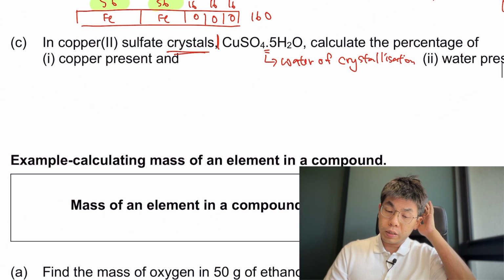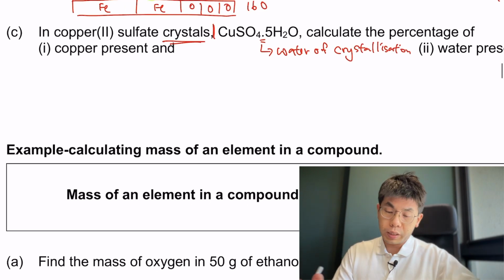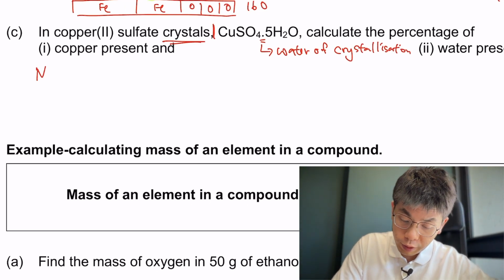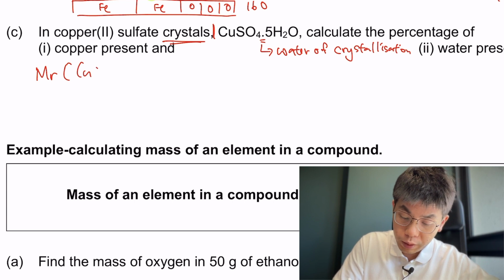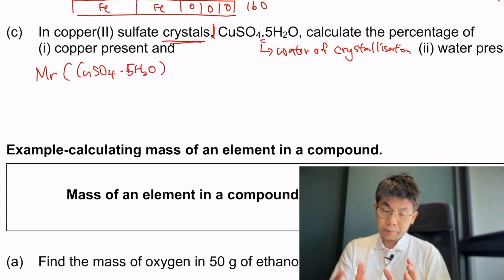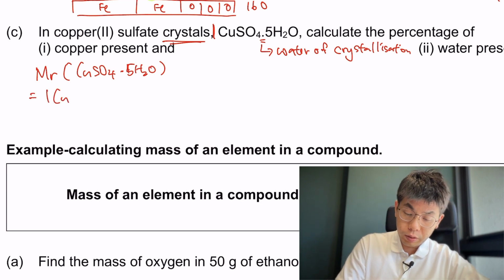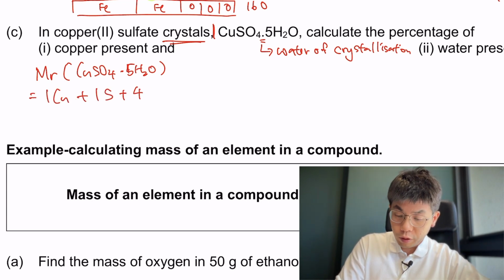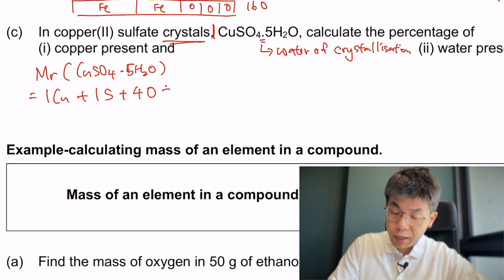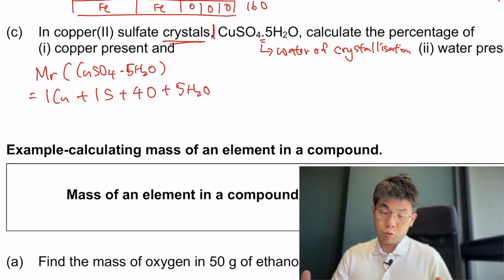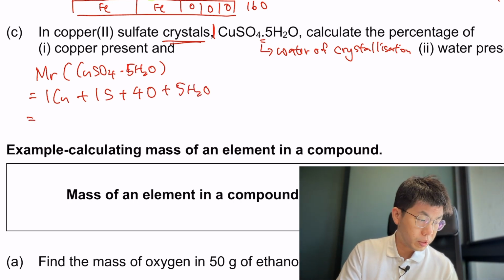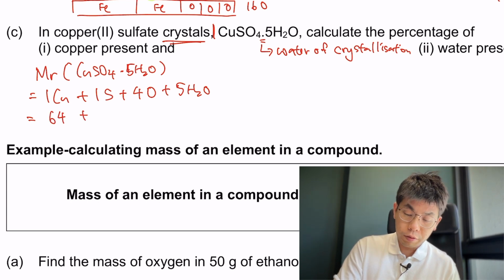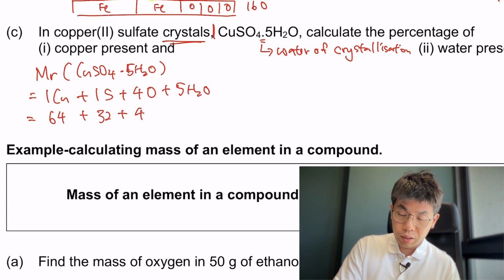So we need to calculate the percentage of copper present in the whole thing. So we need to find the MR of copper sulfate, CuSO4.5H2O, the whole thing. So this is equal to 1 copper plus 1 sulfur plus 4 oxygen in the copper sulfate plus 5 water molecules. Copper, if you check your periodic table, is 64. Sulfur is 32. Oxygen is 16.